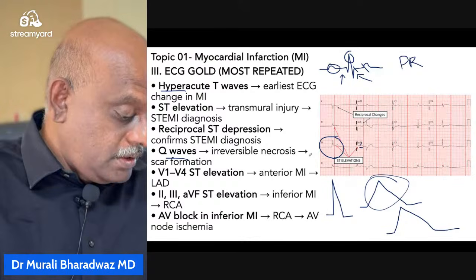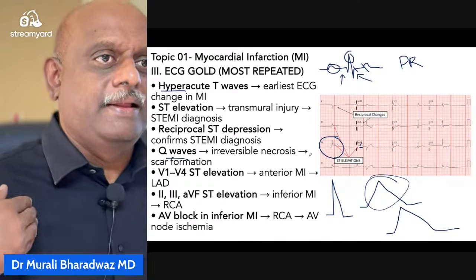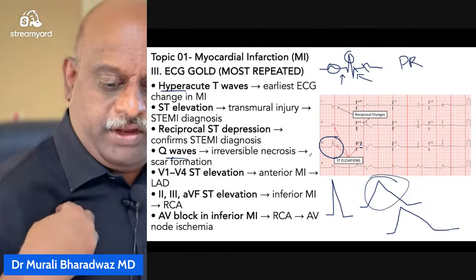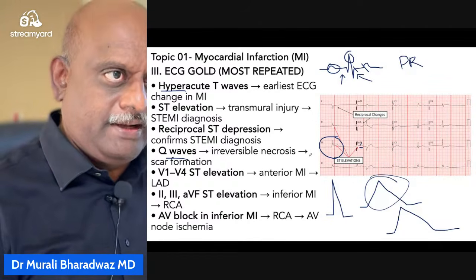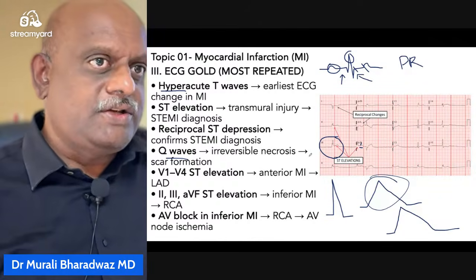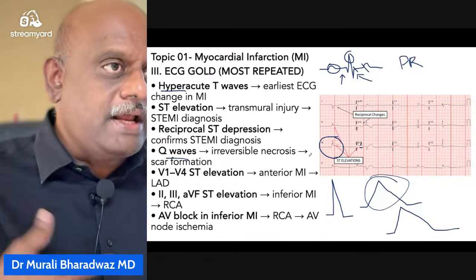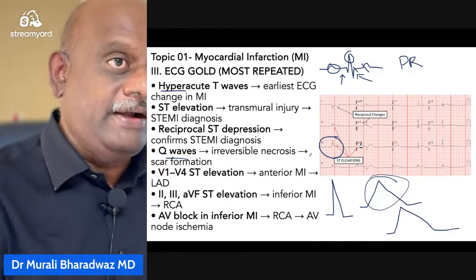So we put leads, called precordial leads. 6 leads: V1, V2 on the right side, V3, V4 in the middle, V5, V6 on the left side. Accordingly, all these are looking at the front of the heart.